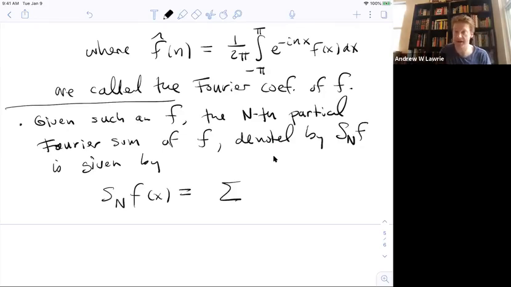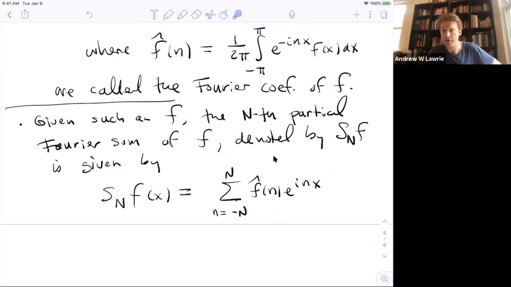In particular, I take the first elements of the series: the sum from n equals minus N to capital N of f hat of n e^{inx}.